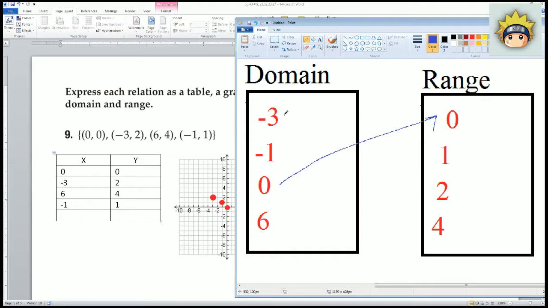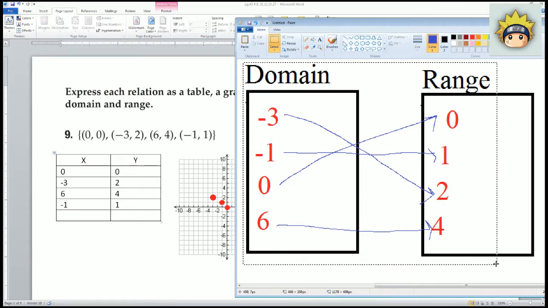So -3 and 2 is right here. That's another arrow. Next is 6, 4. Next one is -1 to 1. Notice that there are 4 arrows representing 4 ordered pairs.